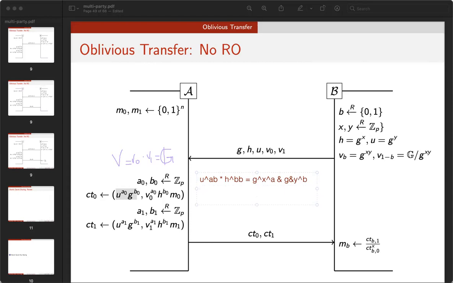And then CTB0 is V to the A times H to the B times M, which equals G to the XYA times H, which corresponds to G to the XB times M. And this is actually, oops, that remains G to the B. And so instead of U, right, G, sorry, YA. Yep.